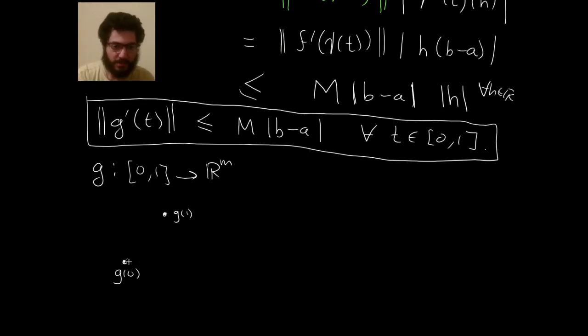Okay, so how to turn this into an argument? You've got g of 0 somewhere, g of 1, and there's a displacement vector from g of 0 to g of 1. So that's g1 minus g0, this displacement vector. And we cannot apply the mean value theorem to g because it's not a real valued function.